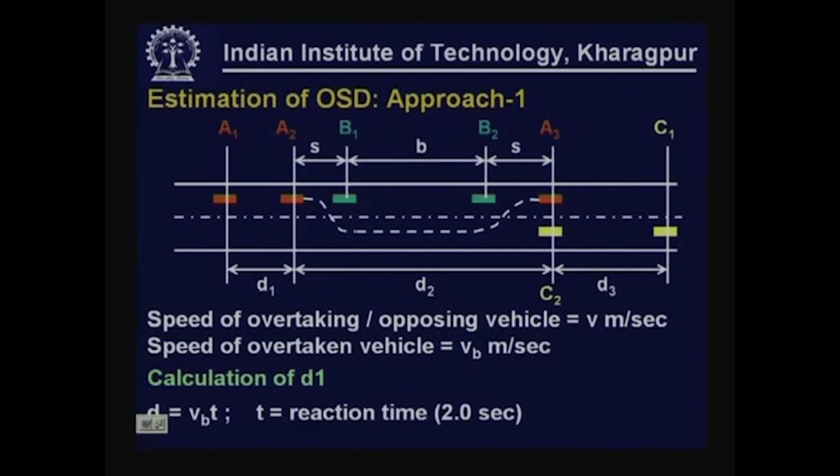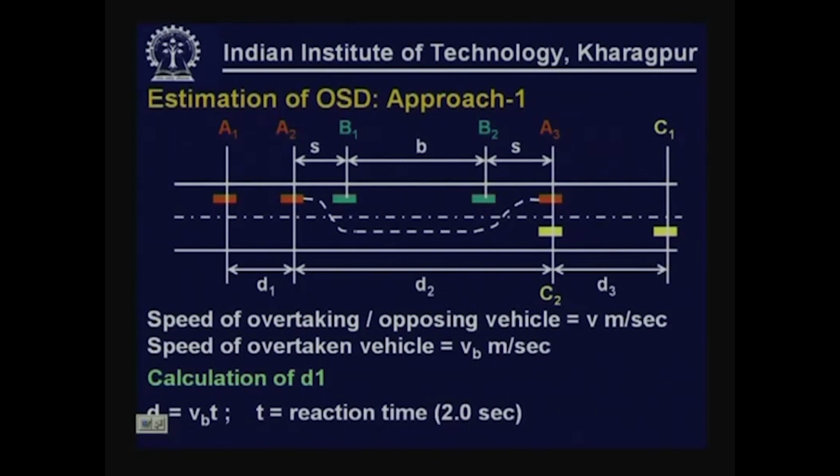Initially, vehicle A follows vehicle B and looks for a suitable opportunity for overtaking. By the time it changes its position from A1 to A2, it completes the overtaking operation as shown in the sketch.